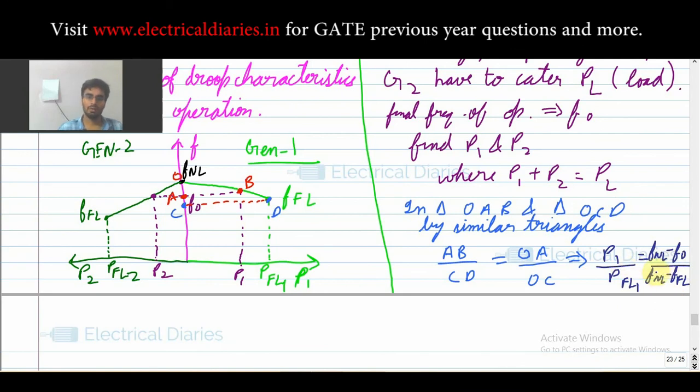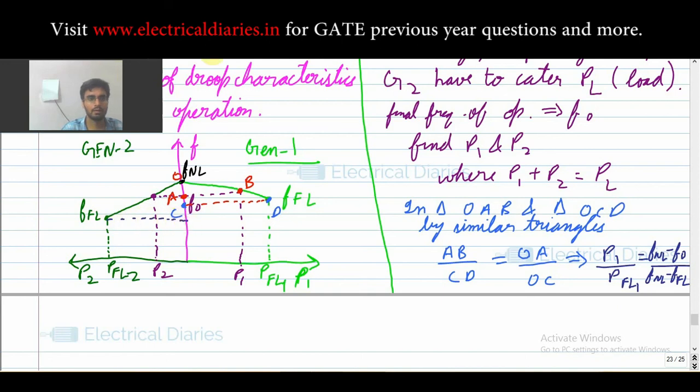So here you can find P1, or FO, or anything accordingly. You just have to keep in mind this concept of similar triangles. I won't give you any expression. People can find the expressions for P1, P2 and learn the formulas, but I hope you understand that you have to formulate things using this triangle.